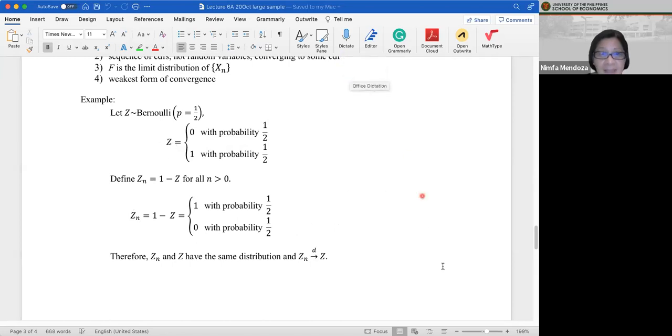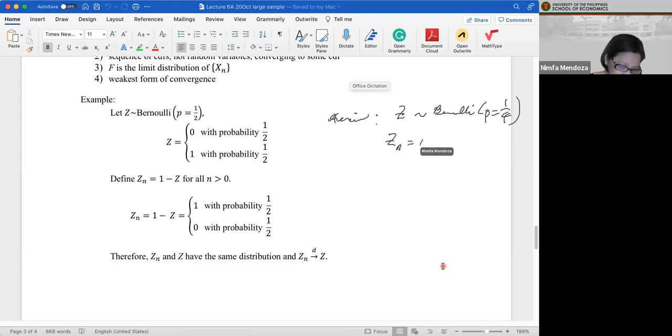As an exercise, suppose Z is Bernoulli with probability 1/4, and you define Z sub n equal to 1 minus Z. The question is, does Z sub n converge in distribution to Z?